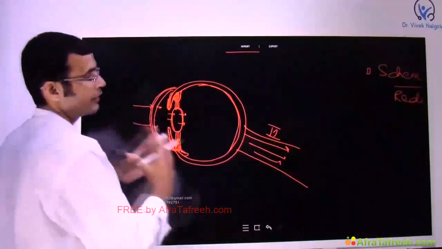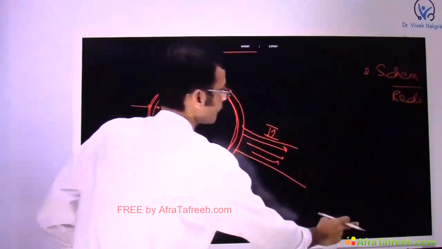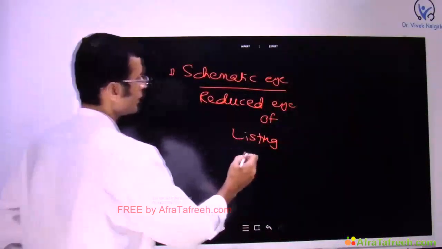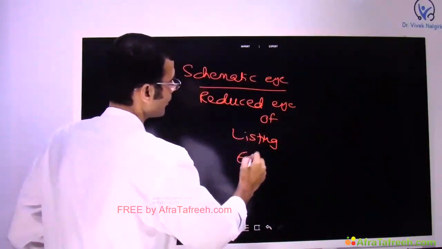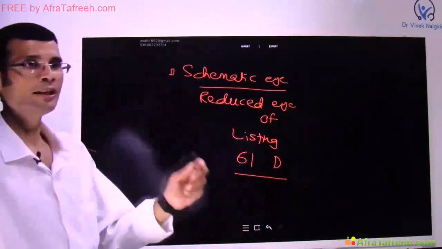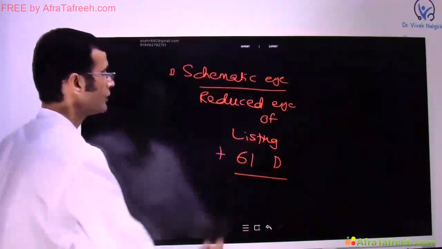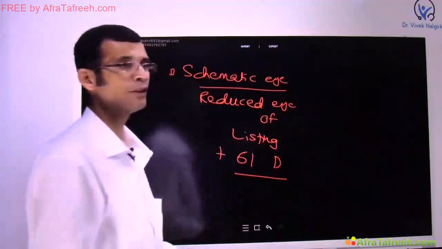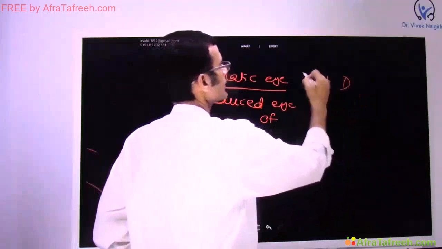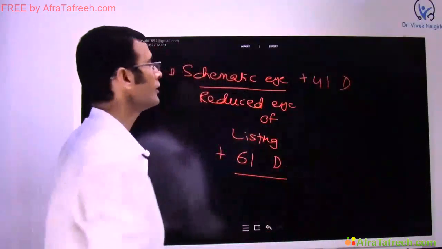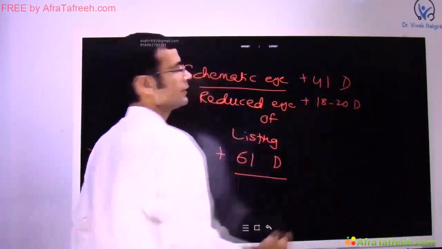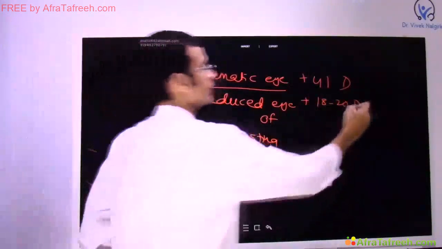The entire refractive power of the eye would be about 61 diopters, with a range of 59 to 61 diopters, out of which 41 diopters is by the cornea and about 18 to 20 diopters is the dioptric strength of the lens.